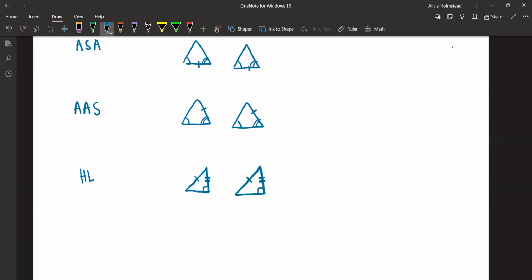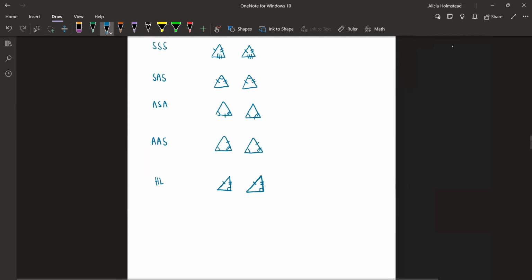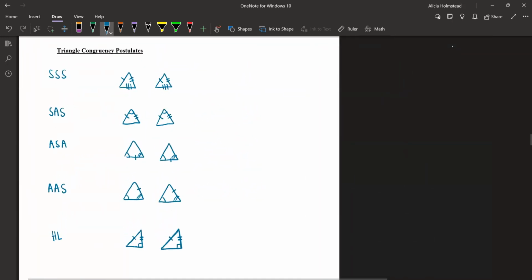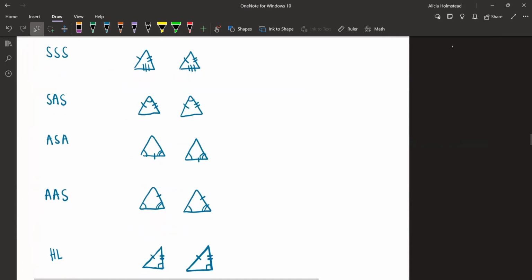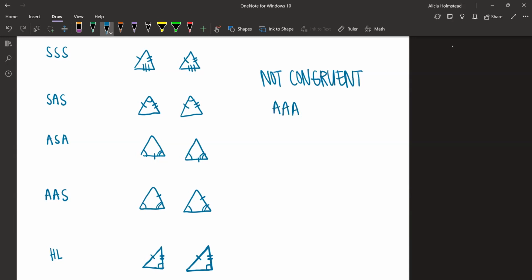I do want to point out that there are a couple of patterns that you can see in triangles that are not congruent. So things that are not congruent is if you have angle, angle, angle. If you know three angles of a triangle, that does not guarantee that they are congruent.